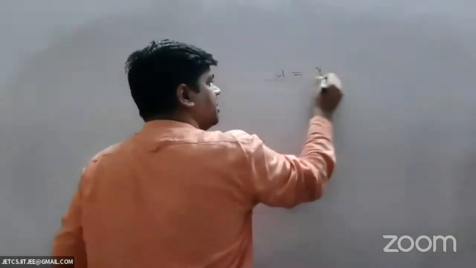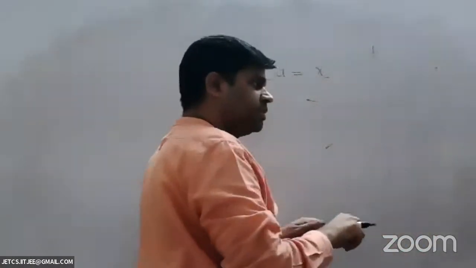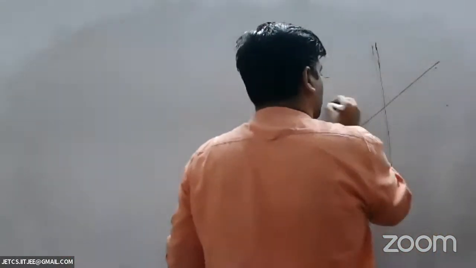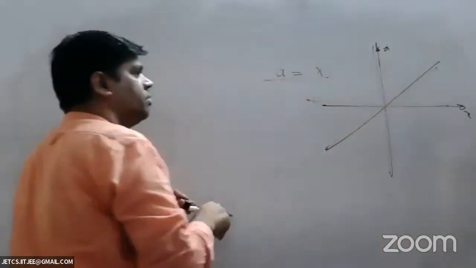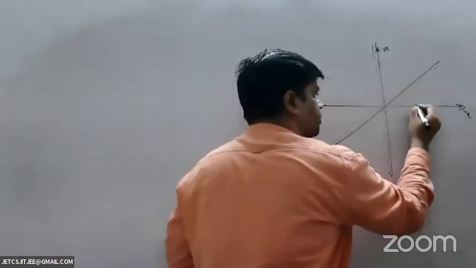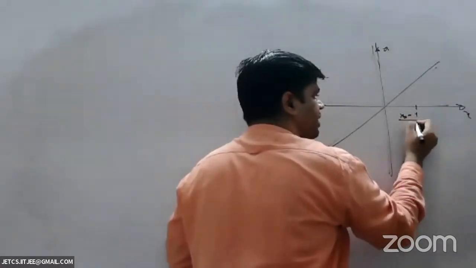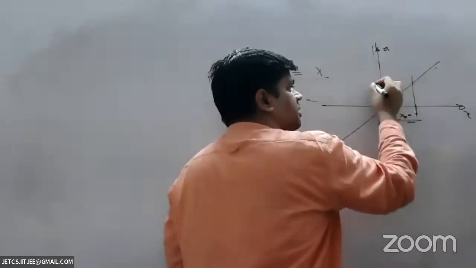A is equal to x. So my acceleration is varying linearly like this. All right. And where is the particle? Particle is over here. At t equal to 0, particle is at x is equal to 1. So what is the acceleration at that instant?